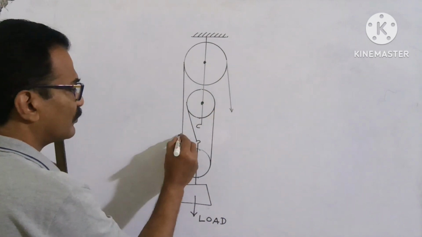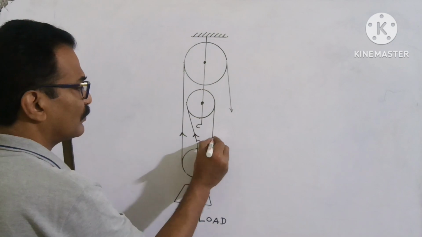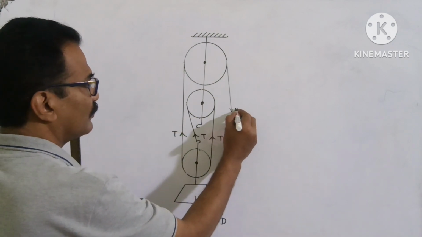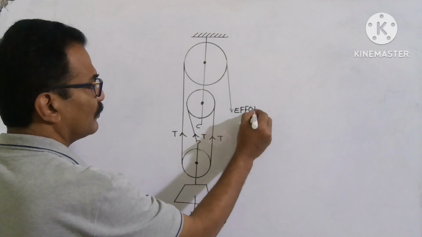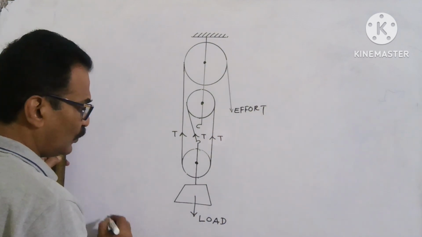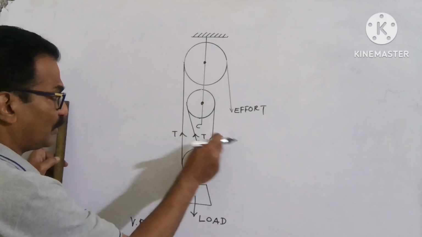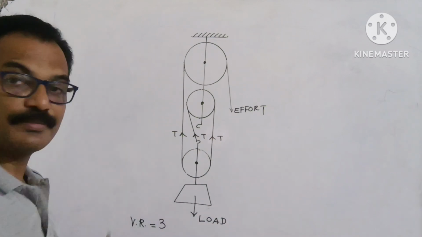So it will be like this. You know the velocity ratio is equal to the number of strands supporting the load, that is equal to 3.